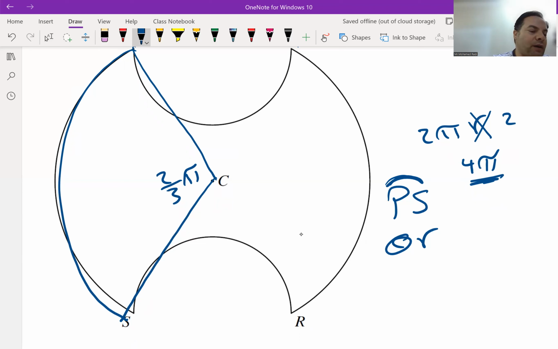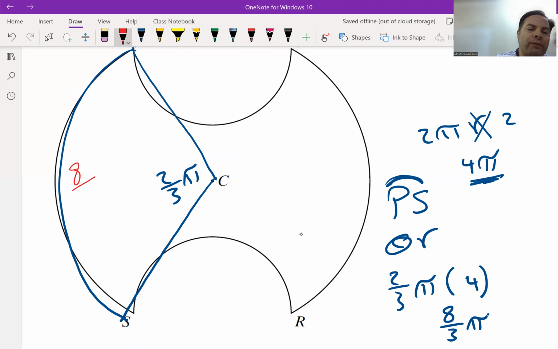The length of arc is theta r, theta is 2/3 pi, multiplied by r, which is 4. So the answer will be 8 over 3 pi. The length of this arc is 8 over 3 pi, and the length of this arc is 8 over 3 pi.